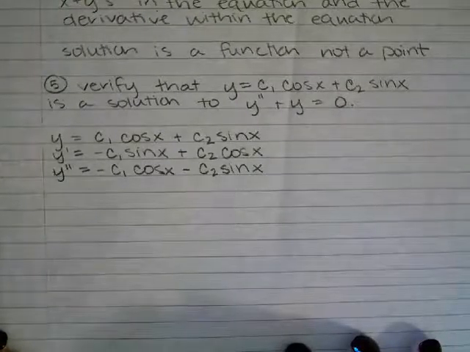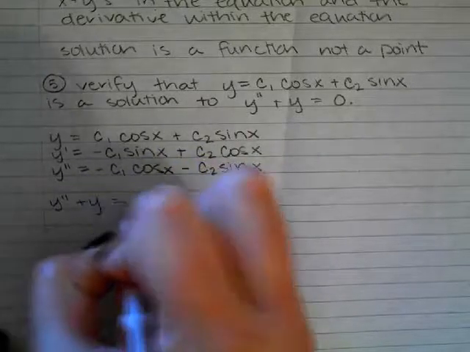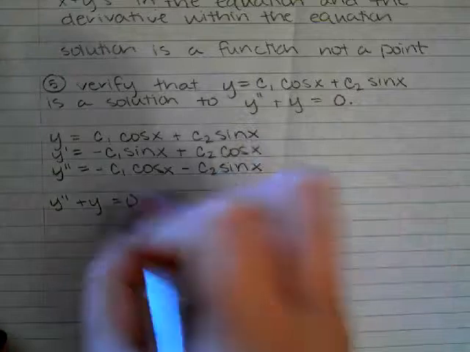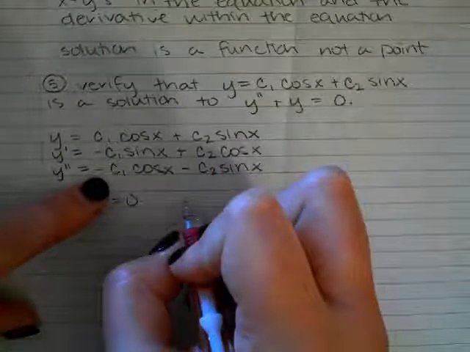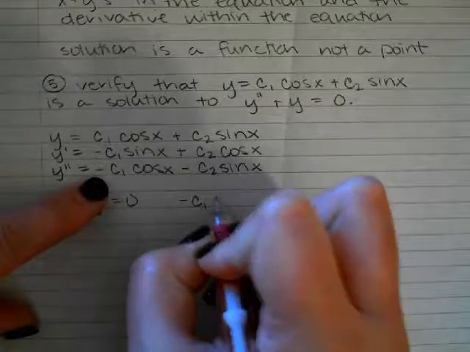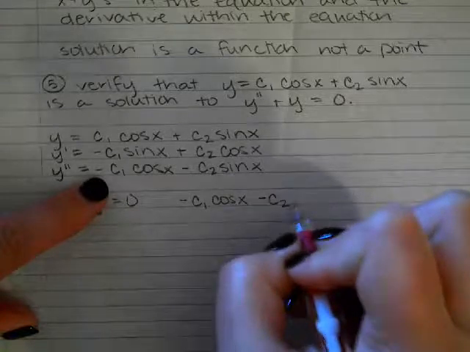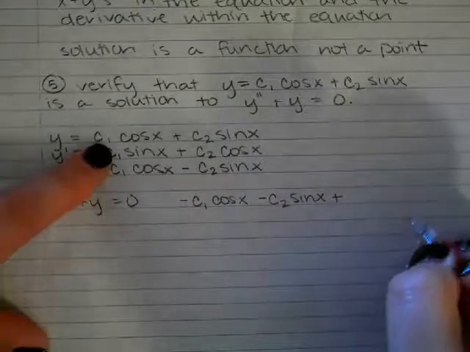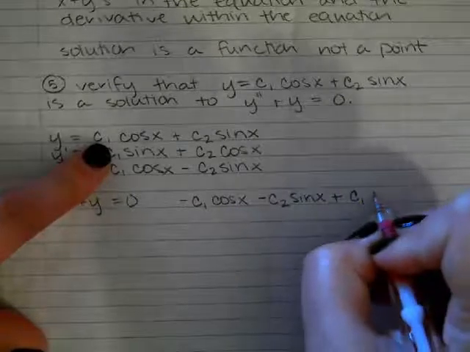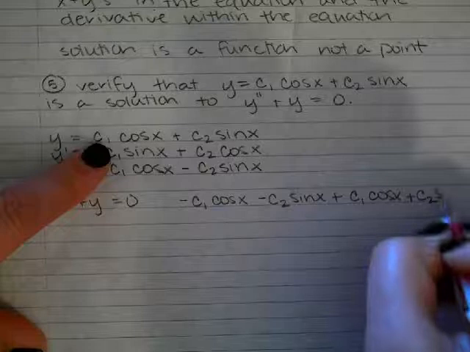And so now what we're going to do is we're going to say, okay, y double prime plus y equals 0. If we write it out with that notation, we're going to say y double prime is negative c sub 1 cos x minus c sub 2 sine x plus the function c sub 1 cos x plus c sub 2 sine x.